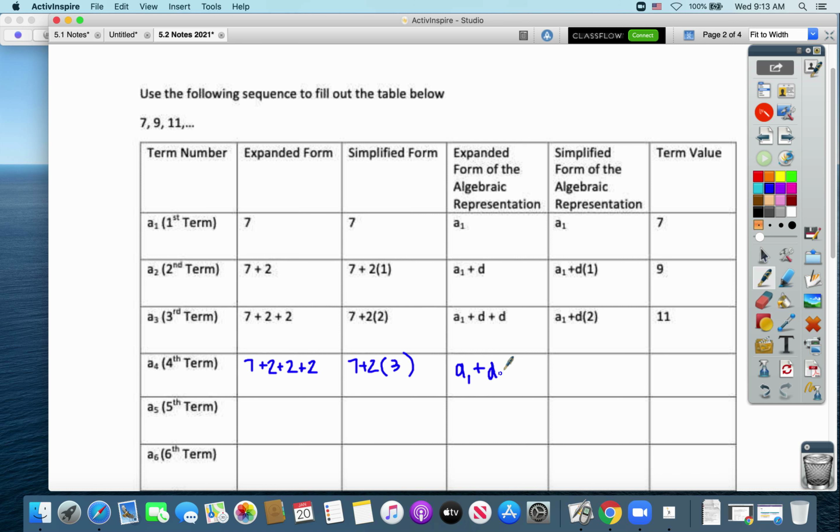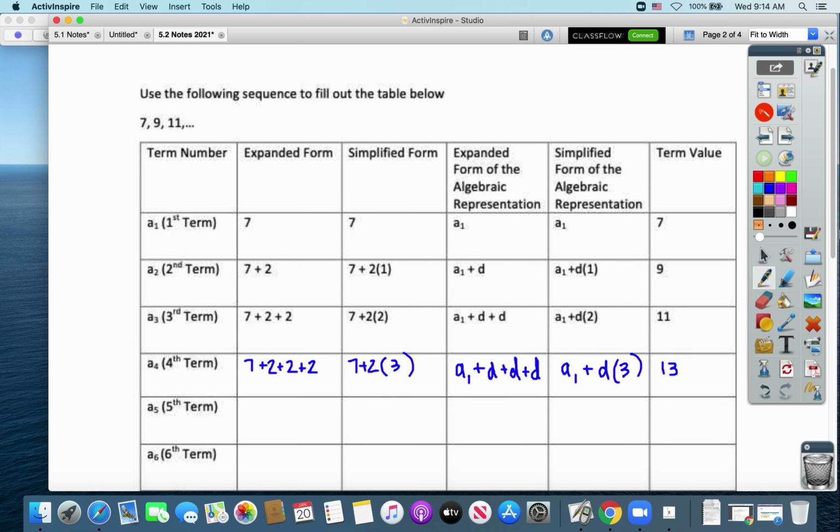So we're adding d plus d plus d. Okay, same thing here. We have 3 of those d's, so we can change that to multiplication and write a sub 1 plus d times 3. And to figure out that value, we know 7 plus 2 times 3 would get us 13.